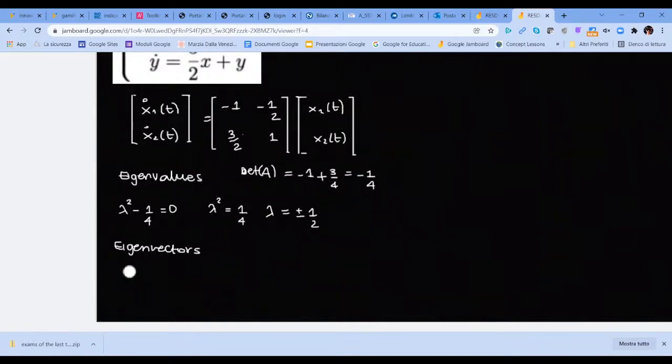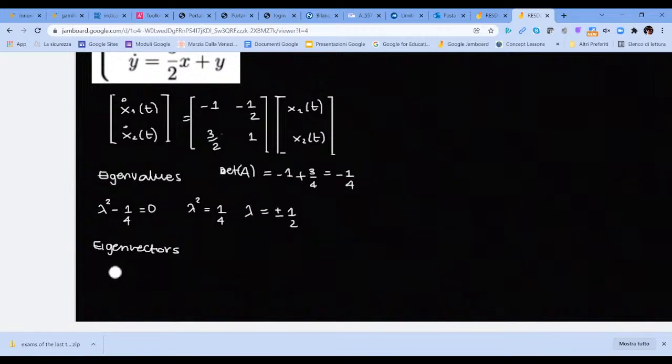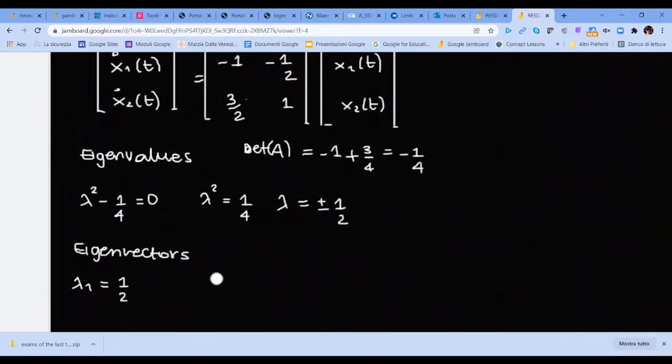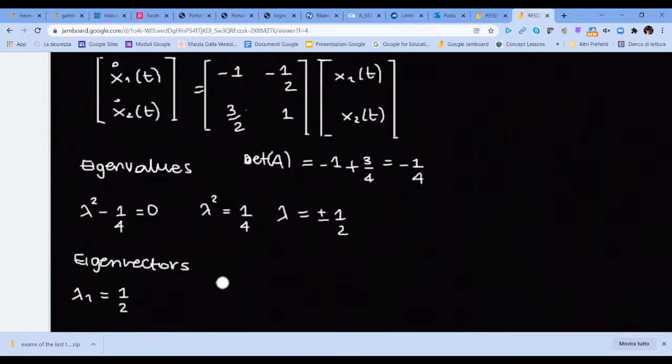If we have lambda 1 equals, let's say, 1/2, and we have the matrix A, so -1 minus 1/2, then minus 1/2, and then 3/2, and then 1 minus 1/2.